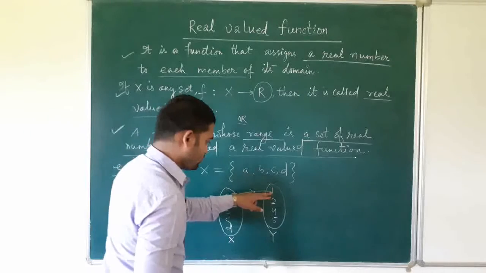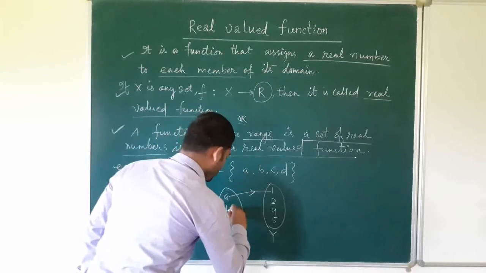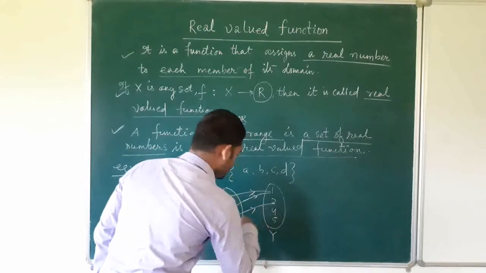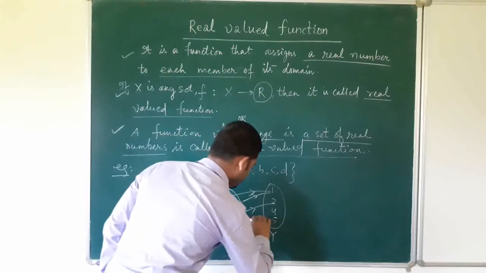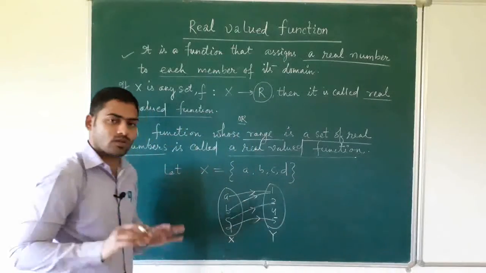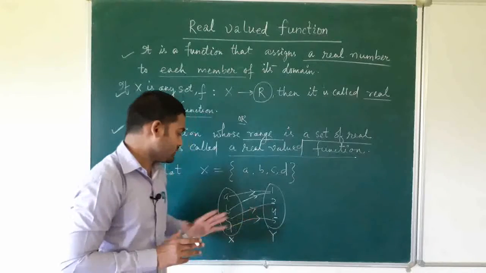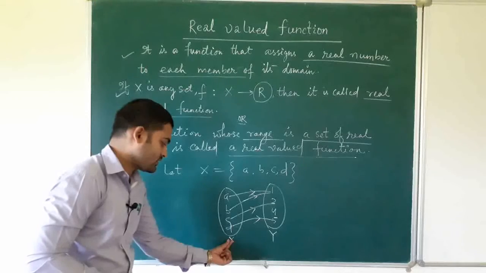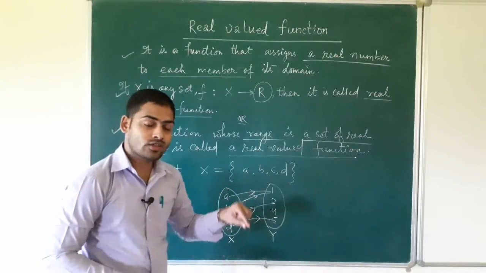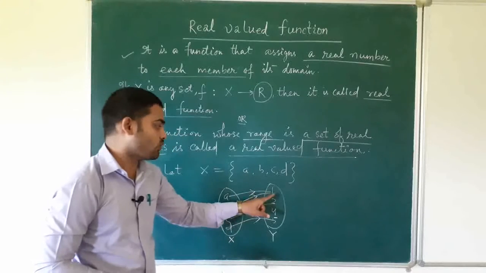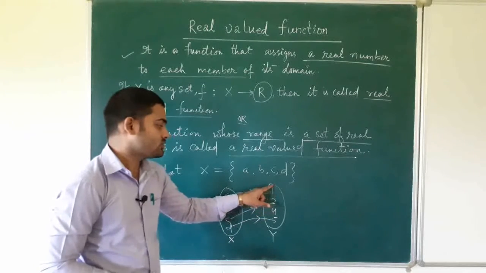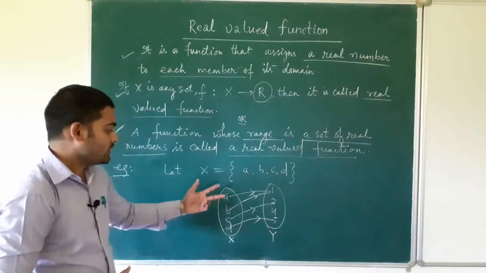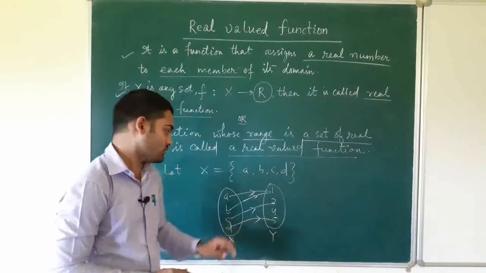A is related to 1, B is related to 1, C is related to 2, and D is related to 5. So here you see every element of set X is related to exactly one element of set Y. So it is a function.